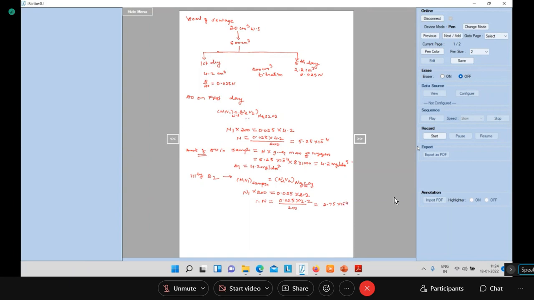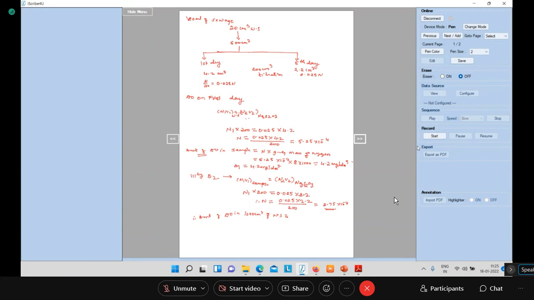Okay, so if you want to calculate the amount of oxygen present in 1000 cm cube, what do you have to do? The amount of DO in 1000 cm cube of water sample: multiply this normality by 8 grams, that is the gram equivalent mass of oxygen.